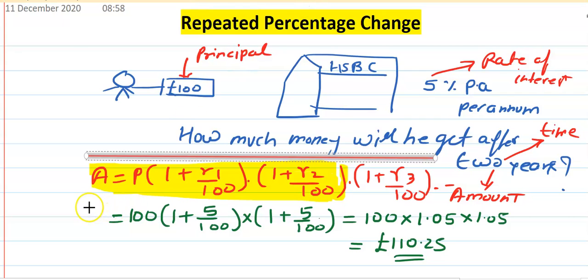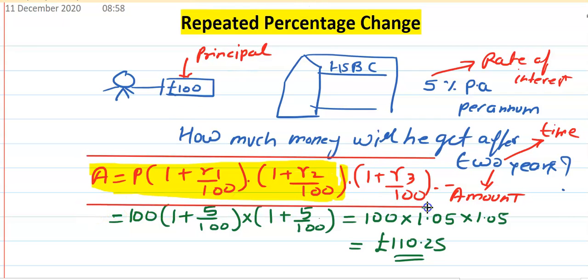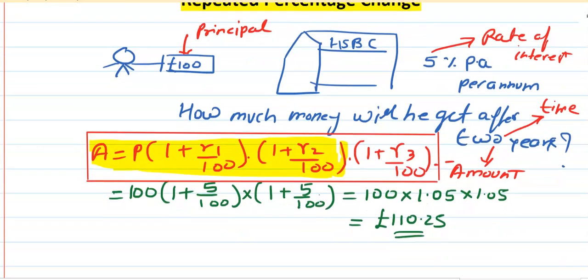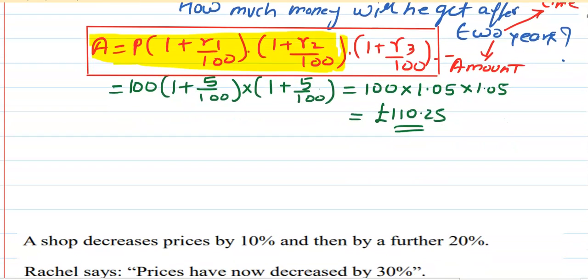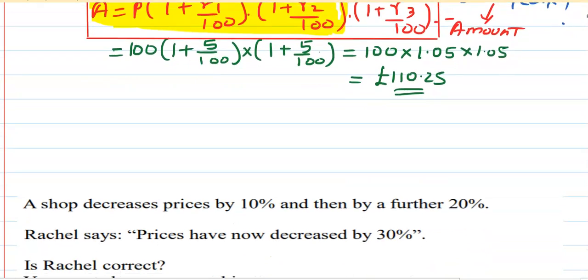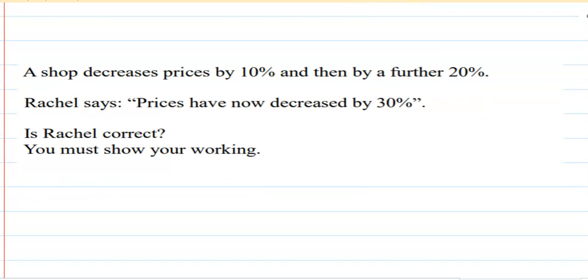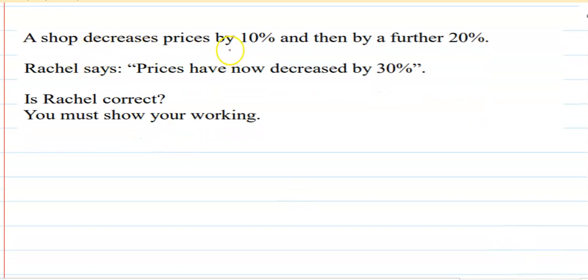Let's draw the line here. This is our formula in the rectangular box. What happens if the rate of interest is different for different years? Let's take one more example. A shop decreases the price by 10%.